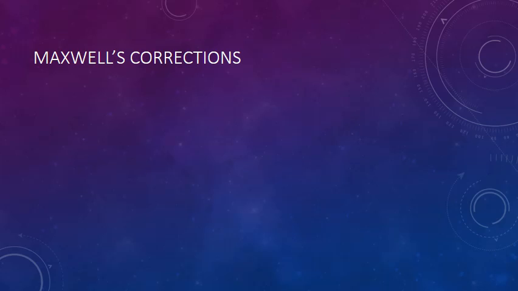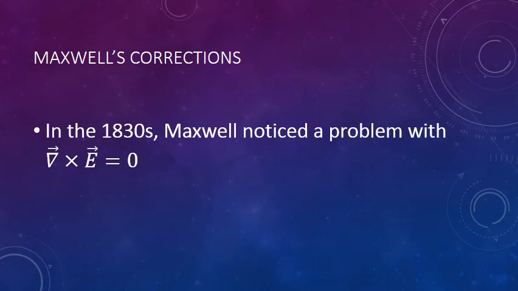Well, what did Maxwell do to get all these four equations named after him? Well, in about the 1830s, Maxwell noticed a problem with what we usually refer to as Faraday's law.